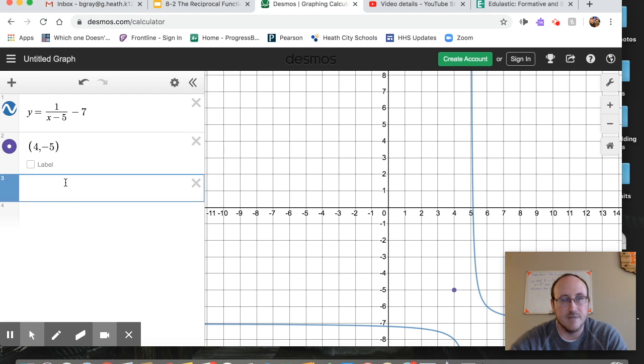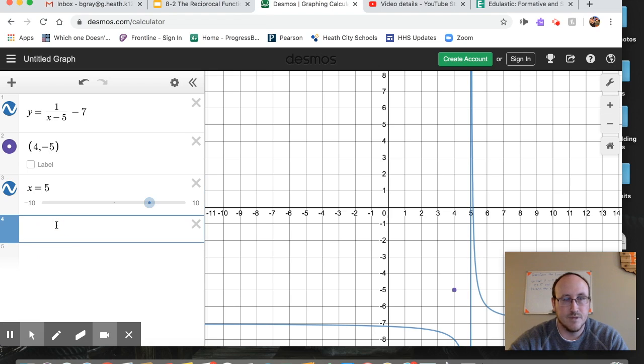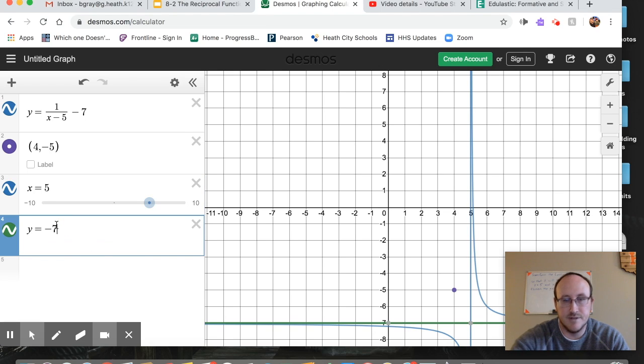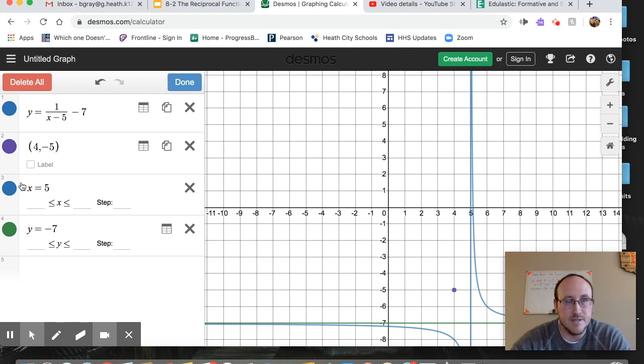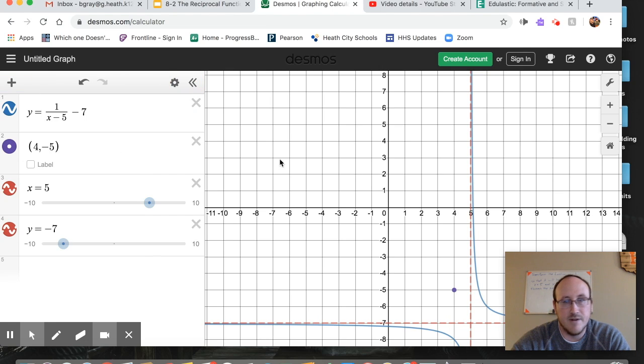I'm going to go ahead and graph those asymptote lines of x equals 5 and y equals -7 again. And let me set the color of those to red and dashed like I had them in previous examples. So there we have our asymptote lines.